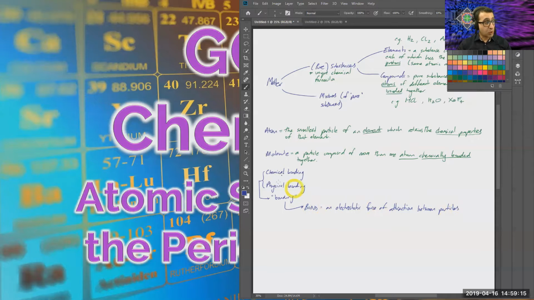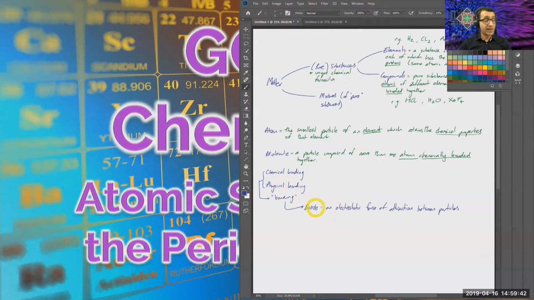Essentially, whether you're talking about a chemical bond or a physical bond, the thing that they share in common is that these are all examples of electrostatic forces of attraction, forces which attract particles together due to the attractions between positives and negatives. The way in which these different types of bonding work and their strengths are radically different, but they do share this in common.